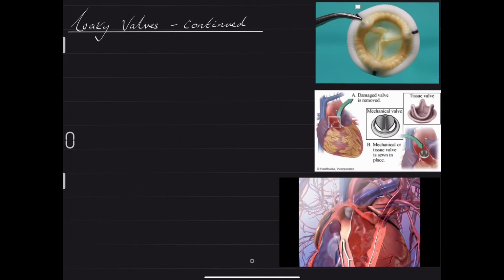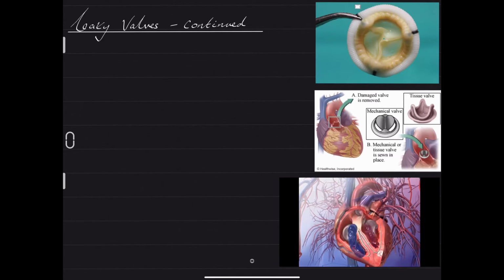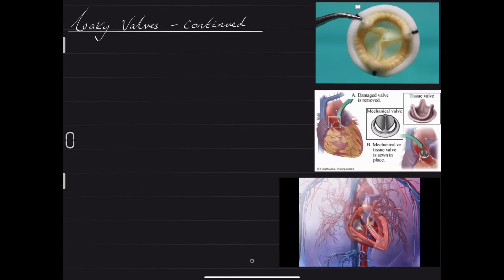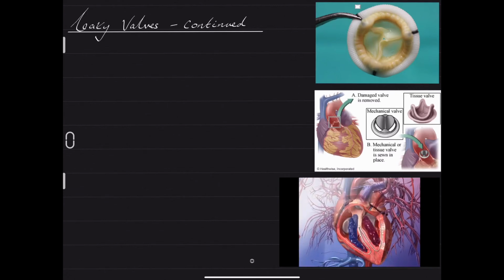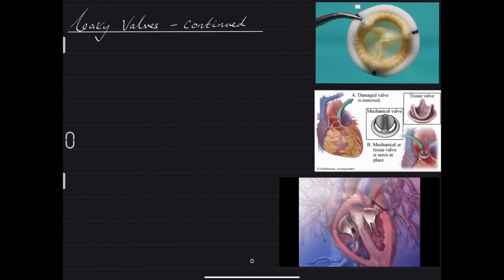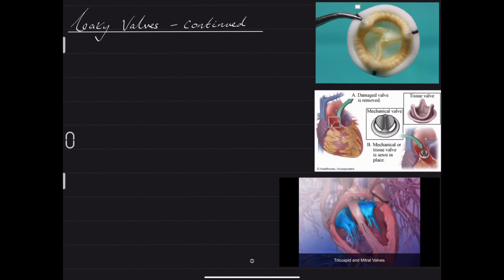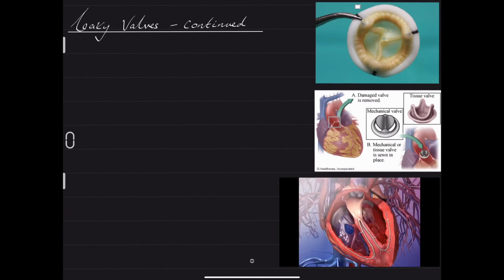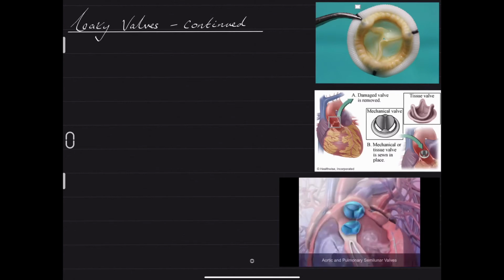These biological valves work better than mechanical valves in that the person does not need any medication afterwards to prevent blood clots, unlike with mechanical valves, where you need to take that medication for the rest of your life. The downside to biological valves is that they last approximately 12 to 15 years.